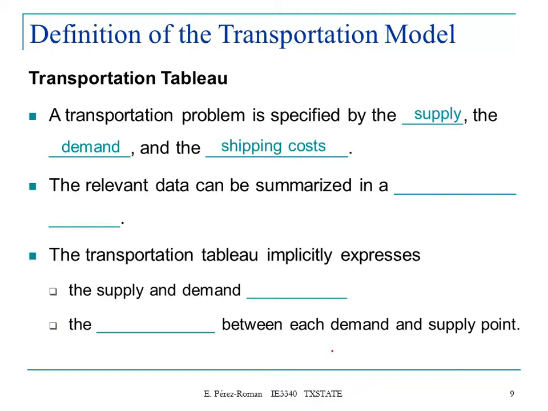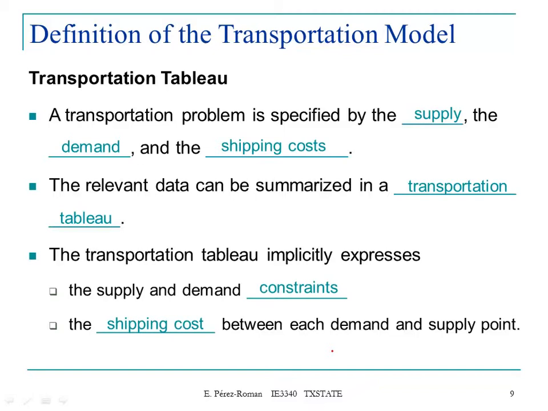The relevant data can be summarized in the transportation tableau, and the transportation tableau implicitly expresses the supply and the demand constraints and the shipping cost between each demand and supply point. So that tableau is what we saw on the previous slide.